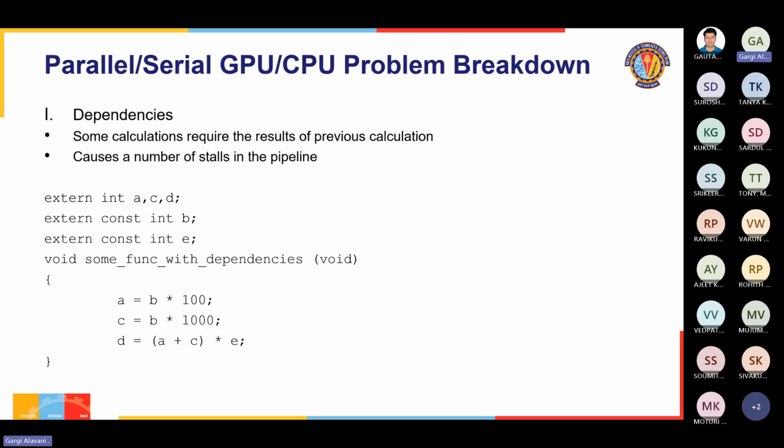One of the optimizations that you must consider is when you are trying to design a function. Let's say here in this particular example, you have A equals B times 100, C equals B times 1000, and then D equals A plus C times E. In terms of parallelizing these 3 lines of code, do you see an issue in terms of how much parallelism you can achieve?